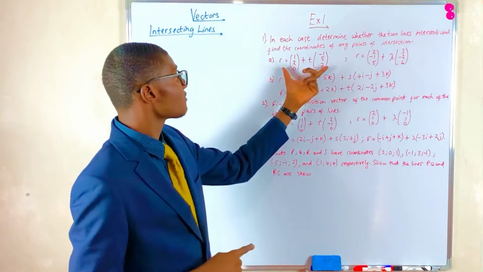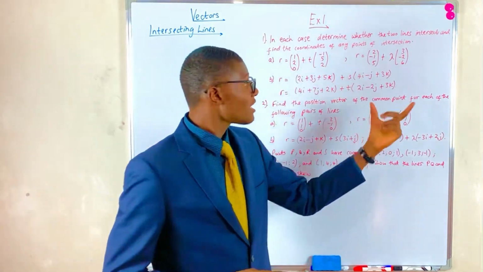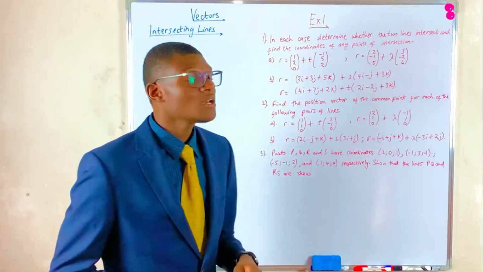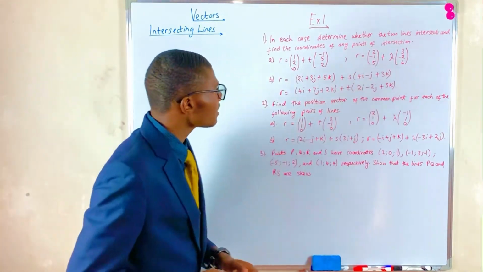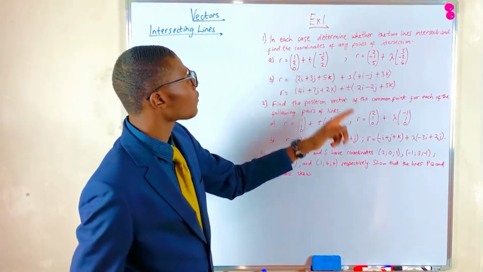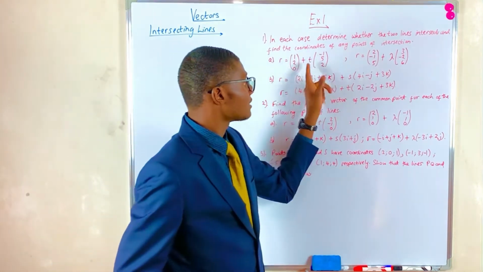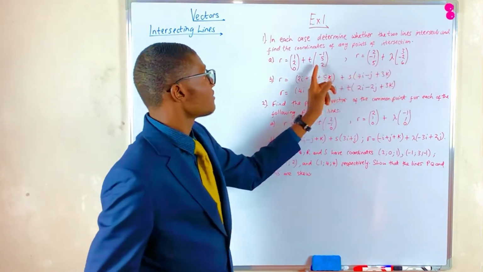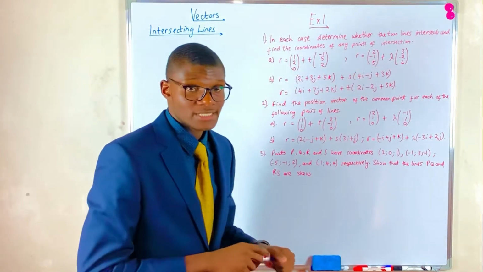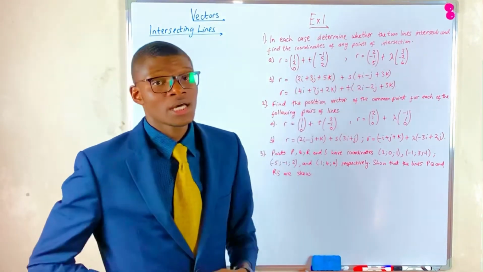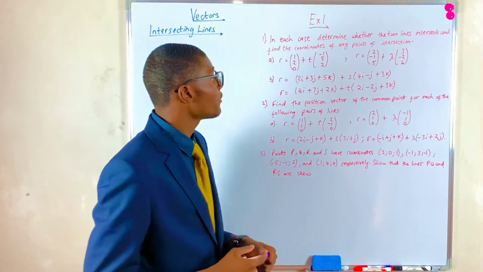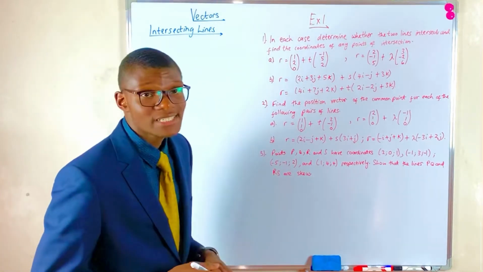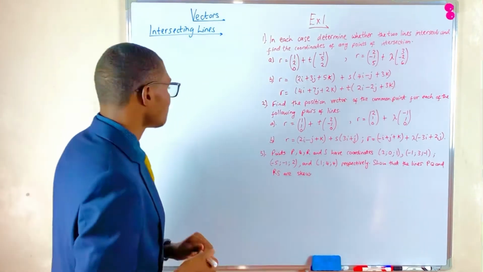So basically, we're going to solve for t and lambda. If we take a look at the direction vectors, those two are not related, so these are definitely not parallel lines. Now let's figure out if they're intersecting or they're skew lines.